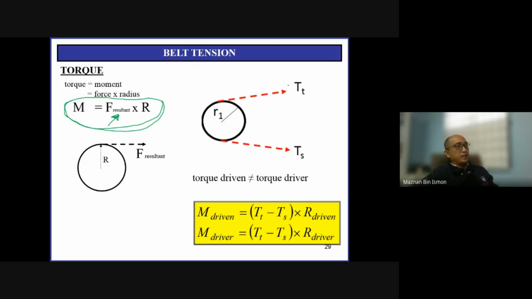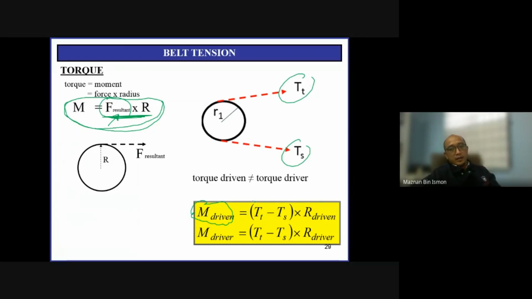In this case, you know that in one belt there are TT and TS, tight side and slack side. So when finding the moment, you know that moment is equal to F times R, but the force is a force resultant. Force resultant means the tension of the belt itself.